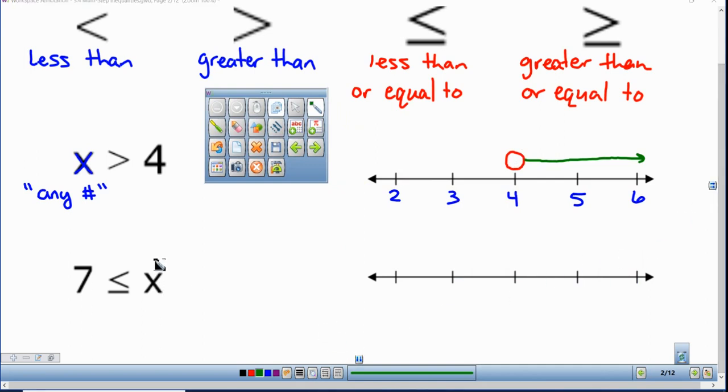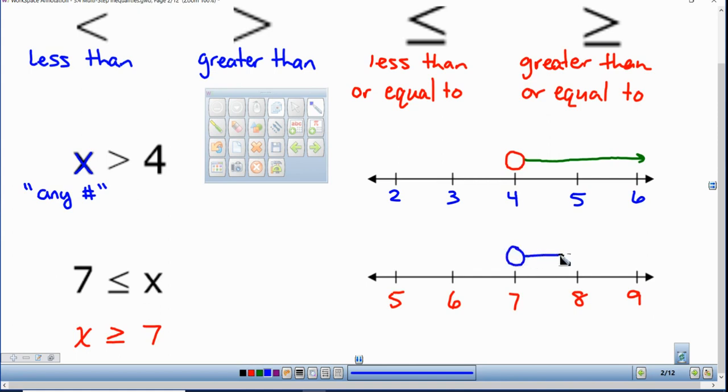And then on this one, you'll notice the variable's on the right side. If 7 is less than or equal to x, we can rewrite that and say that x is greater than or equal to 7. And so once again, I'm going to put 7 on my number line. And I'm going to read this as I did up here. Any number greater than 7. So we start at 7.